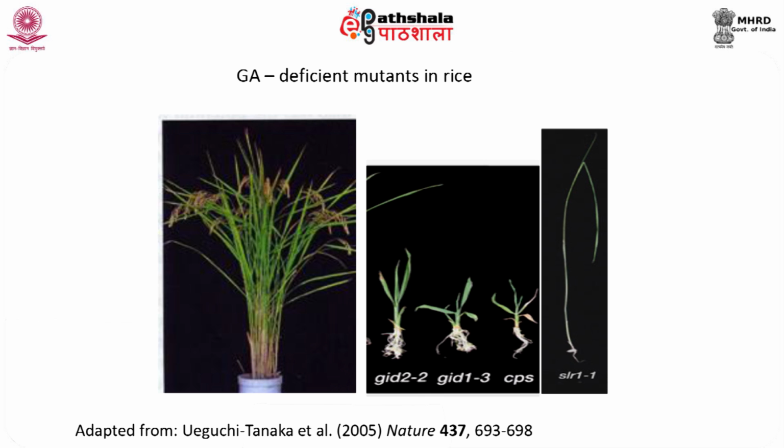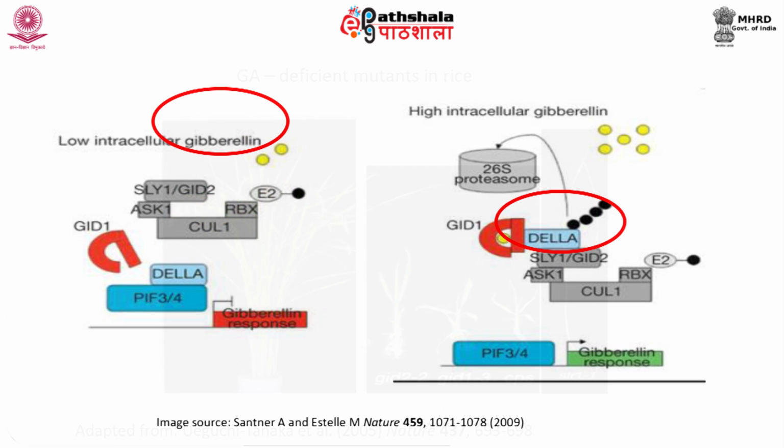Another mutant, Slender Rice or SLR1, showed a constitutive GA response phenotype and coded for a DELLA protein that acts as a repressor of GA responses in wild type plants. These and other mutants in the GA signaling pathway led to the discovery of a model for GA signaling.